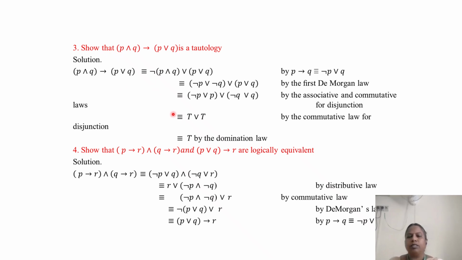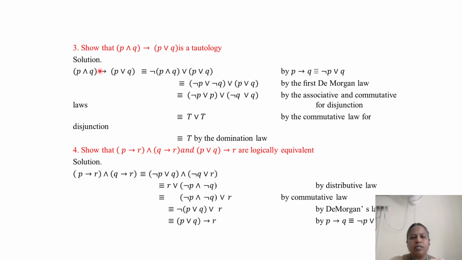You should not use the truth table technique here. Show that P and Q conditional P or Q is a tautology. So we see that a tautology is nothing but a propositional statement whose truth value is always true. So let us consider the left hand side, P and Q, conditional P or Q.